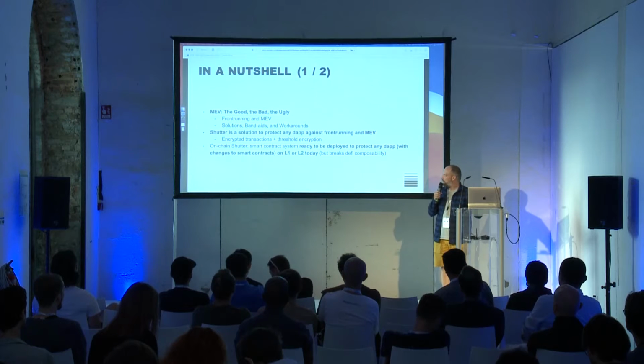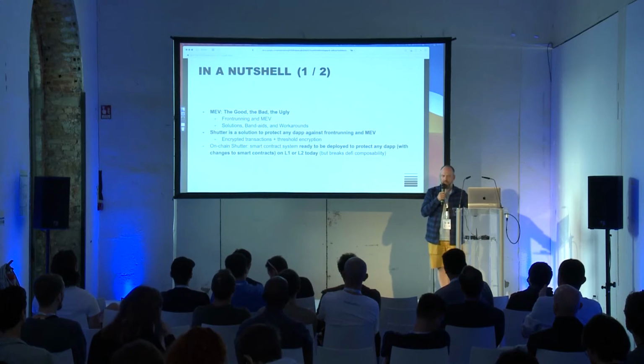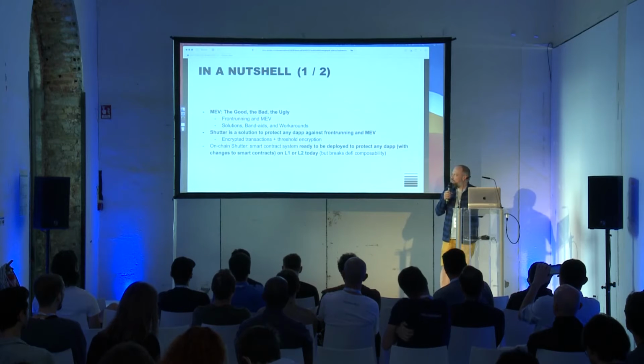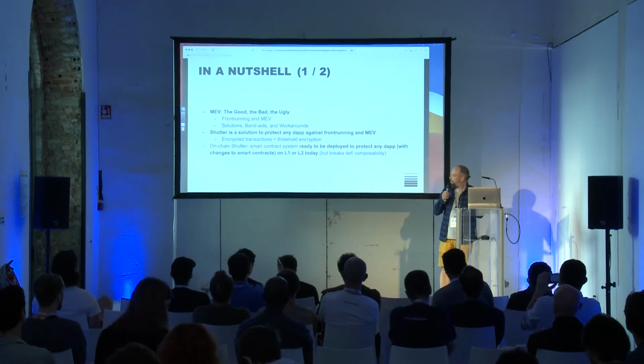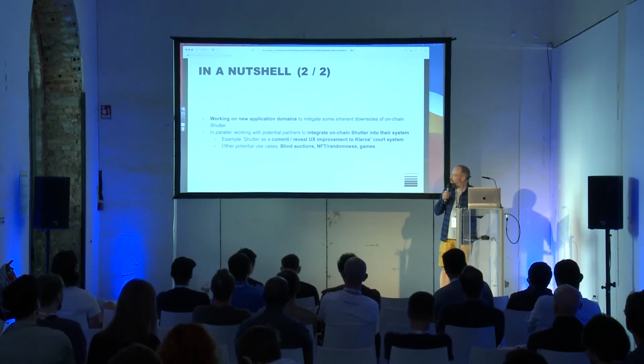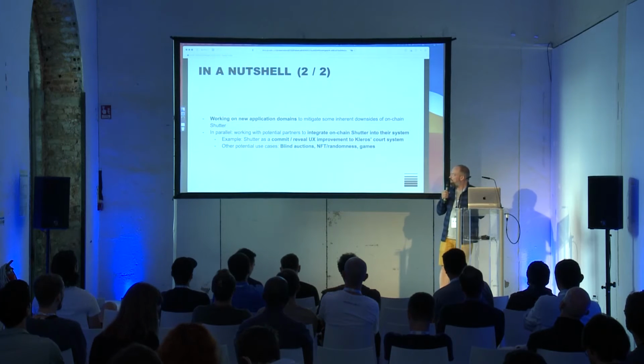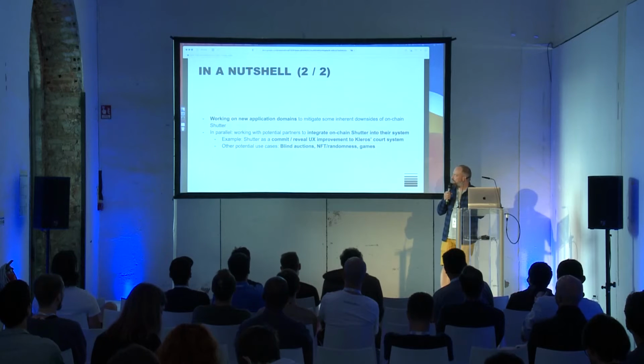For example, it's not compatible with DeFi composability, which may or may not be a downside for some applications. We are working on other application domains that will solve that problem in the future. Watch out for announcements from our side.